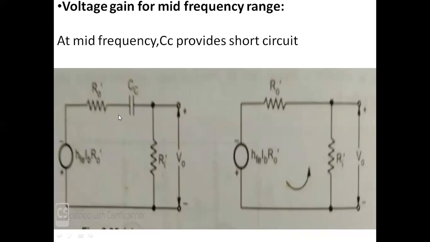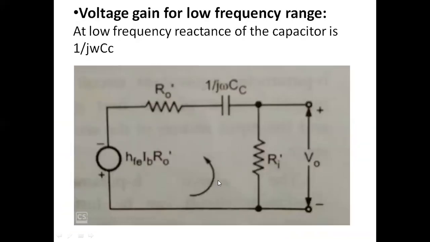The reactance of the capacitance is 1 by j omega CC, and we have resistance RA dash. So this is the equivalent circuit at lower frequencies. At mid frequencies, we make the capacitance a short circuit, but at lower frequencies we should consider the capacitance because it provides some reactance, and the reactance of the capacitance is 1 by j omega CC.